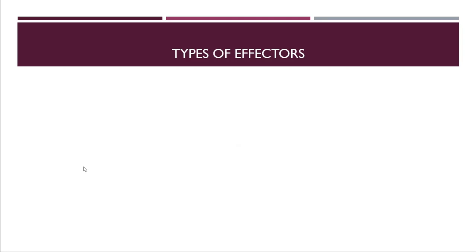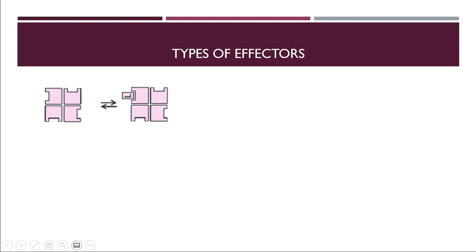Okay. Now, types of effectors. We have two different types. Just say these four different subunits here are basically four enzymes, just like we discussed in hemoglobin, where we have four different subunits. If one of the subunits is attached to its substrate, and if I'm talking about hemoglobin, just think of an oxygen molecule attached to one subunit.